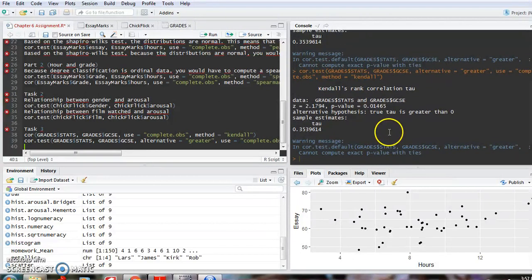So here we have a significant p-value of 0.01465. Given that our p-value is less than 0.05, we do have a significant correlation between the two. Yay! And that's it.